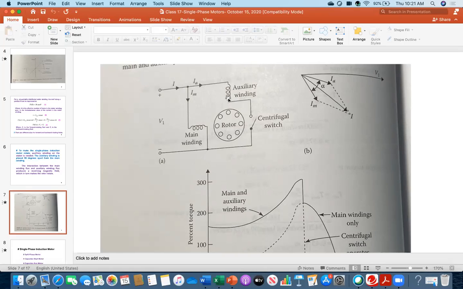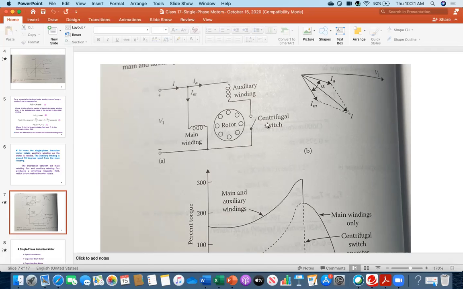And what is happening with the auxiliary winding? Can you see there is a switch? It is called a centrifugal switch. Meaning that it will not operate always. Initially it is closed. Everybody see the switch is open here, but at the beginning the switch will be closed so that the current can flow through the auxiliary winding.